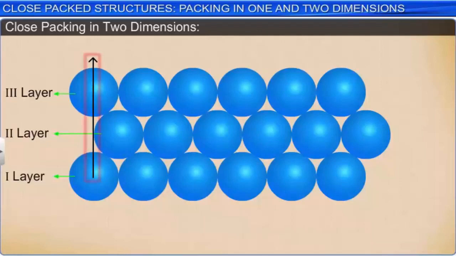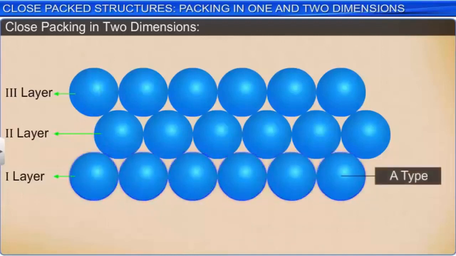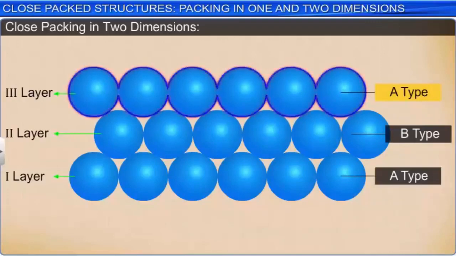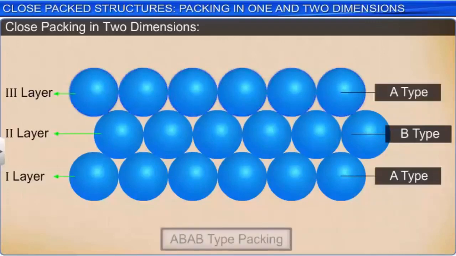This pattern is followed throughout. If the arrangement of the spheres in the first layer is of A type, then the arrangement of the spheres in the second layer is of B type, and the arrangement of the spheres in the third layer is again of A type, and so on. The packing thus obtained is called AB-AB type packing.